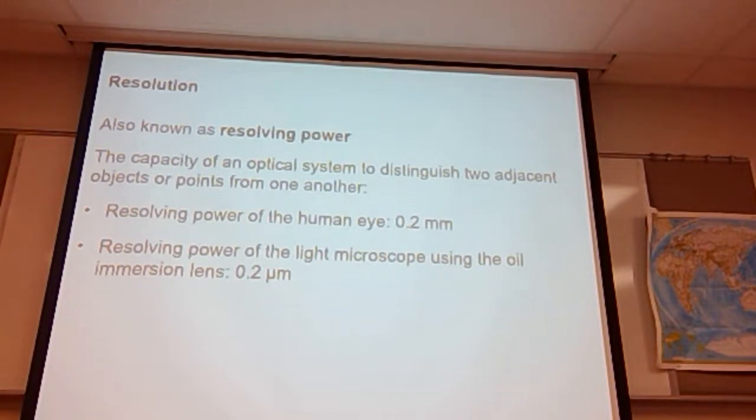That's people with good eyesight. As your eyesight goes down, that 0.2 millimeters starts to get bigger and bigger. So you would think, okay, it's going 0.2 to 0.1, but no, it goes from 0.2 to 0.3 to 0.4, because as some of you may know, as you get older, your ability to see small things diminishes.